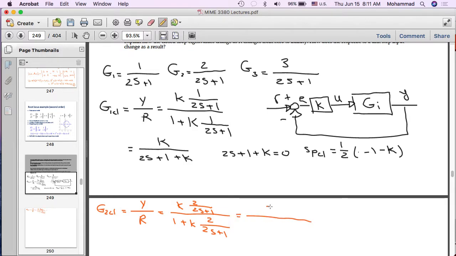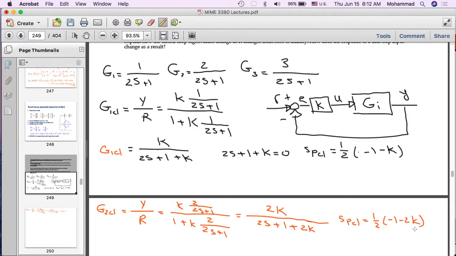So in the numerator, we'll have 2k. In the denominator, we have 2s plus 1 plus 2k. So as you compare the denominator of g1 closed loop versus g2 closed loop, if you find the pole of the closed loop, you can see that this becomes 1/2 times (-1 minus 2k).